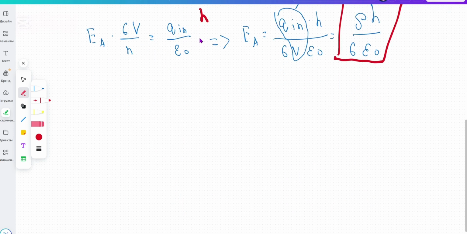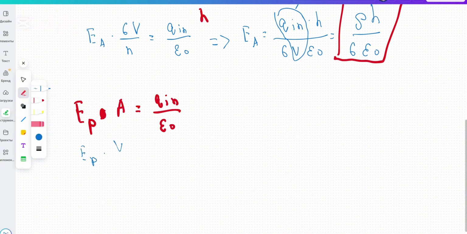So at the second step we need to find the electric field at point B. We actually do the same thing when we analyze the field at point B, which is located on the surface of the cavity. We should know the electric field of the plate, with Gauss's law also: area times E equals q inside over epsilon 0.